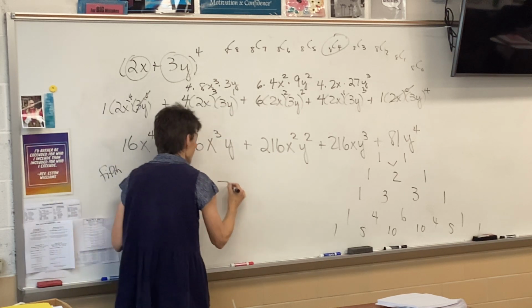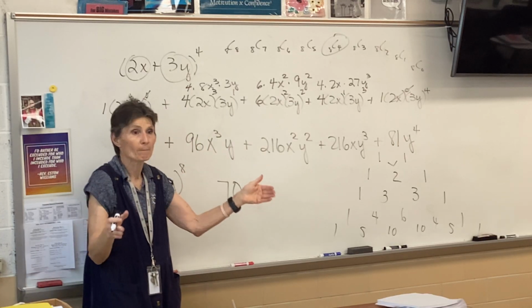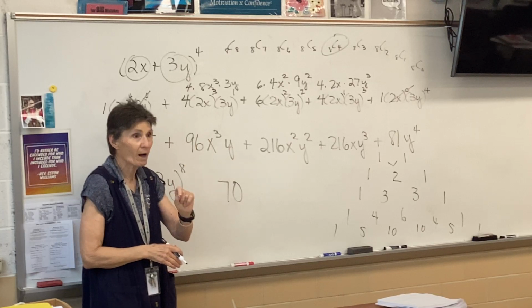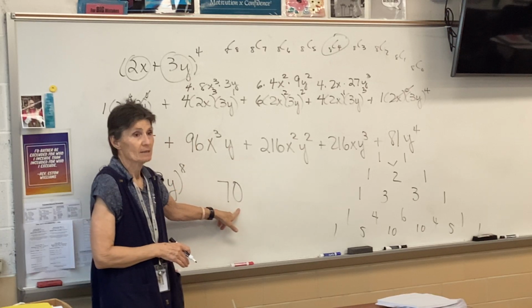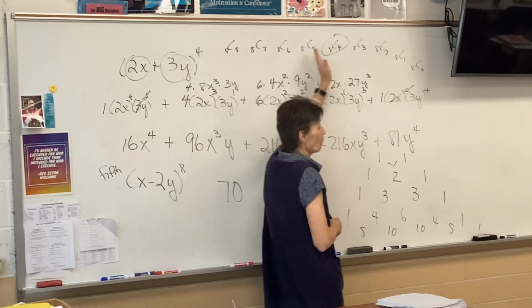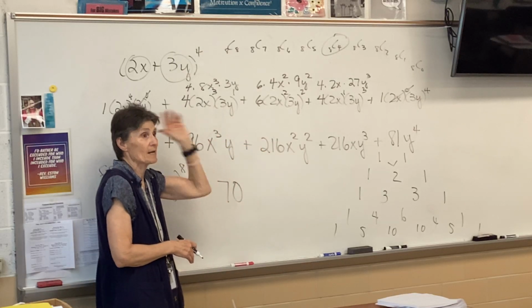So my number is 70. Remember, we start by writing down the numbers. I only need the number in the 5th spot, and that number is 70. I got that by simply counting. No magic, no tricks, no formulas, I just counted.